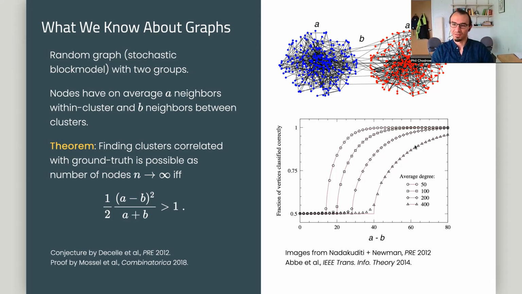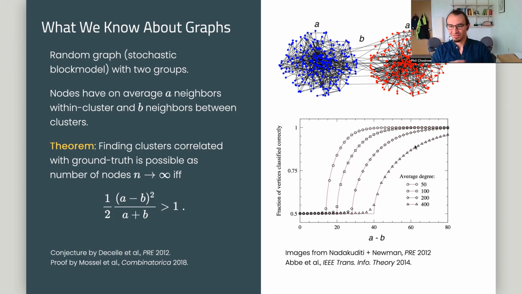And so usually we imagine B being much smaller than A, here showing sparse connections between groups. And our aim, algorithmically, is to either recover these groups exactly, that's the ideal case, but often we actually settle for a weaker task, which is simply finding a clustering that is correlated with the actual groups.